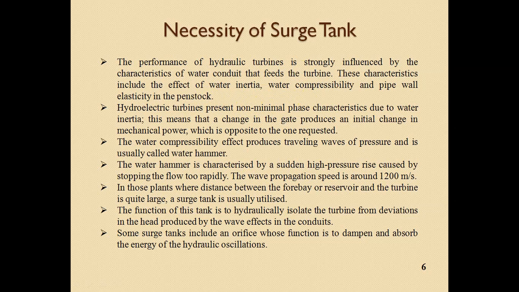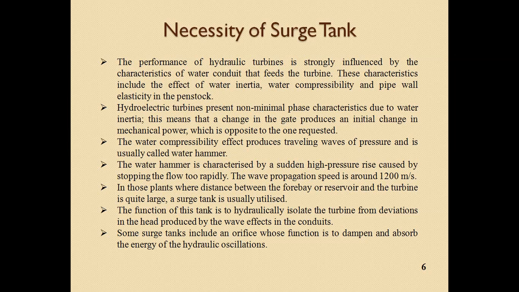This means that a change in the gate produces an initial change in the mechanical power which is opposite to the one requested. The water compressibility produces traveling waves of pressure and is usually called water hammer. Water hammer is characterized by the sudden high pressure rise caused by stopping the flow too rapidly. The wave propagation speed is around 1,200 meters per second.